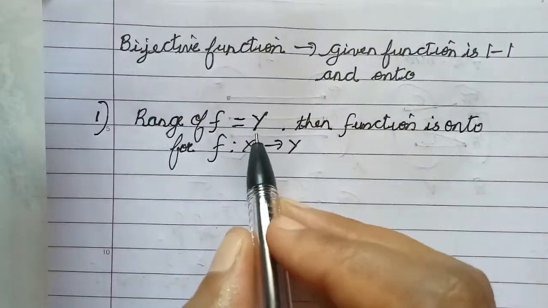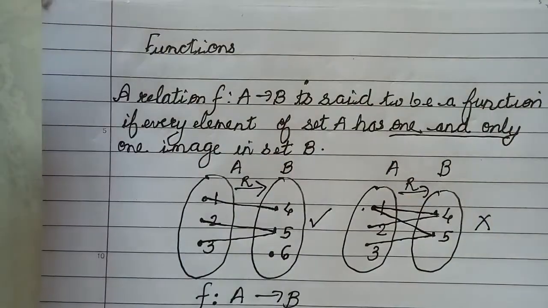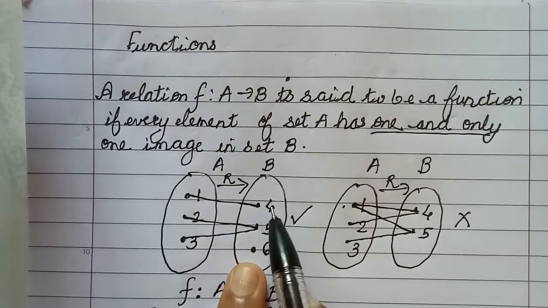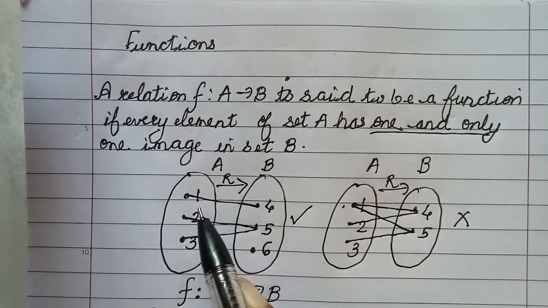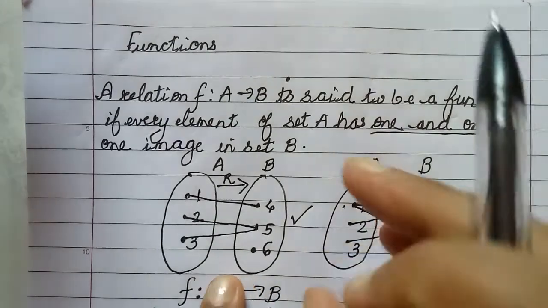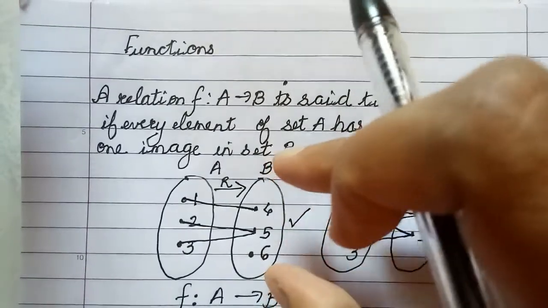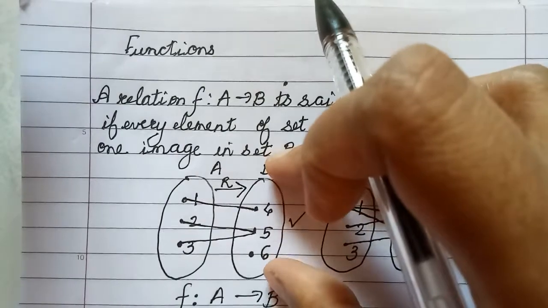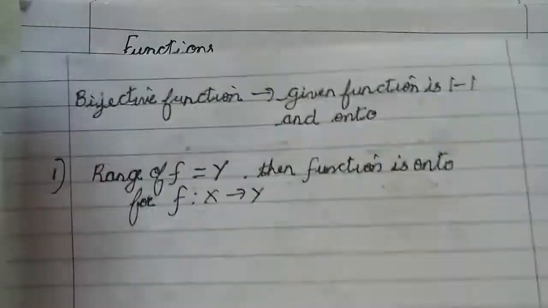Range of f equal to Y means what, children? It means every element in your set Y has pre-images, so I am covering the entire set Y. That means your codomain itself is my range. Is that clear?